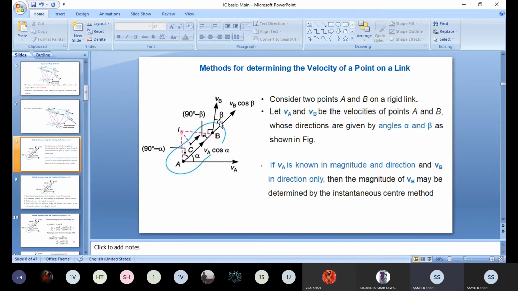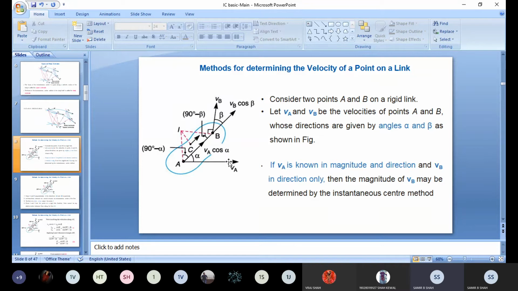If VA is known in magnitude and direction, and VB is known in direction only, we assume that for VA we have both things.